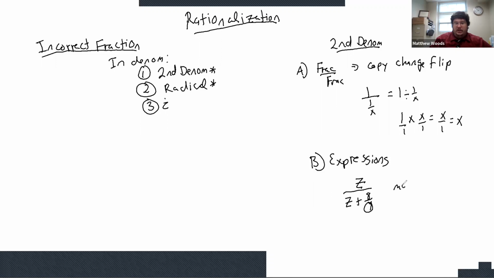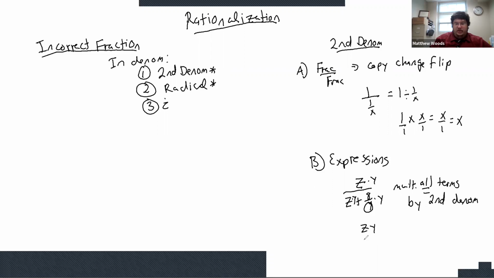So I'm going to multiply all terms by the second denominator. I'm going to multiply this one here by y, but I'm also going to multiply this z here by y, and this z here by y.